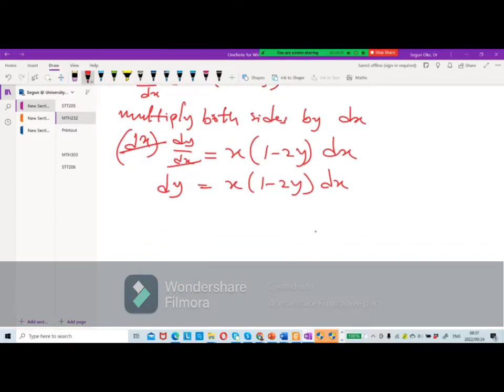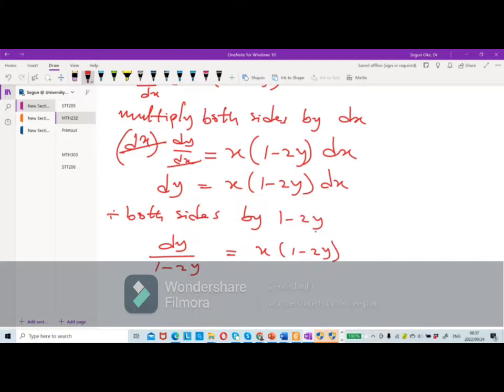So who can tell us what to do again? Remember, x must go to x, y must go to y. We divide both sides by 1 minus 2y. Yes, divide both sides. Let's write it. Divide both sides by 1 minus 2y. So I have dy over 1 minus 2y equals x(1 minus 2y) dx, everything divided by 1 minus 2y.